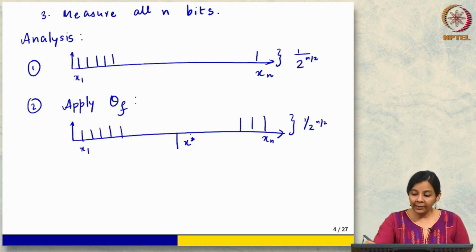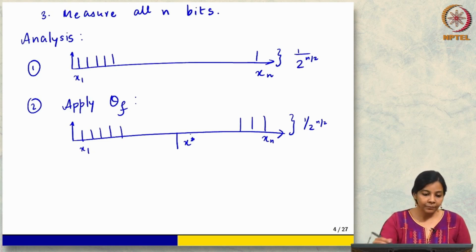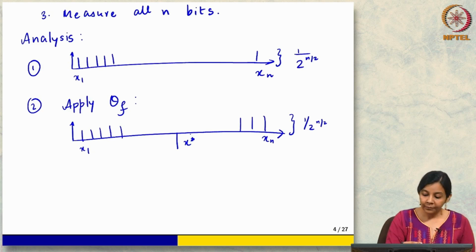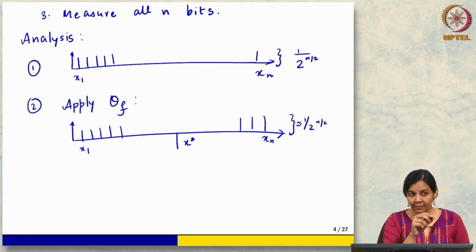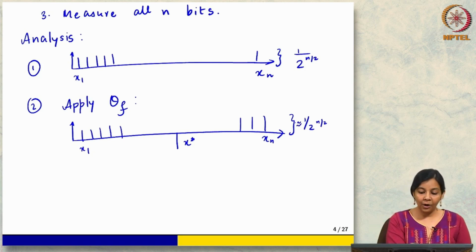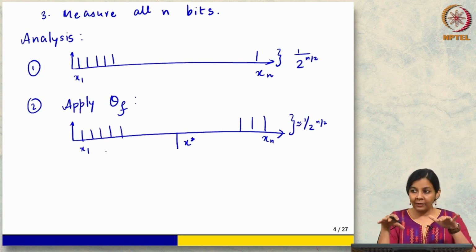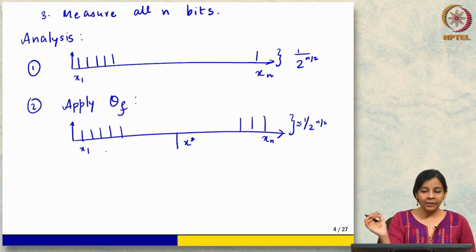Now, note that when I do this, there will be a little bit of reduction in the mean amplitude, because I now flipped one, so the mean will come down a little bit. But it is only one point in an exponential number of points, so it is not very much.